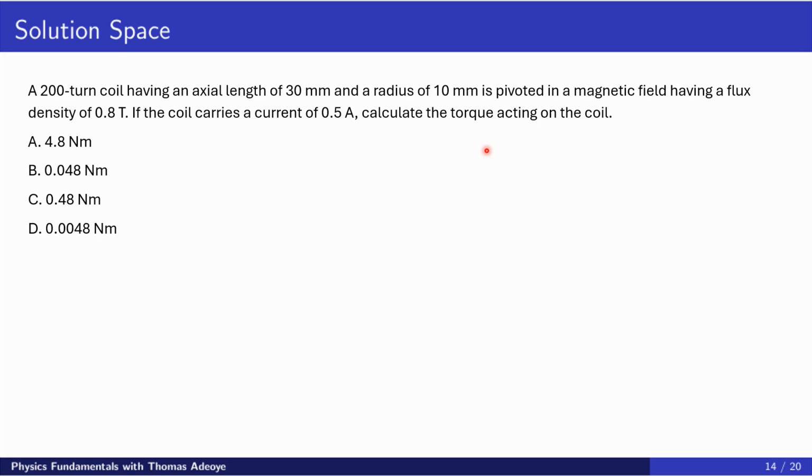Now the formula for torque acting on a current carrying conductor is: torque equals N I A B sine theta, where N is the number of turns, I is the current flowing, A is the area, and B is the flux density.